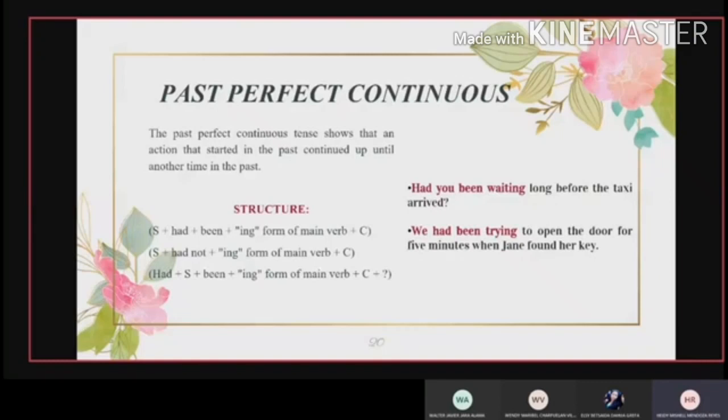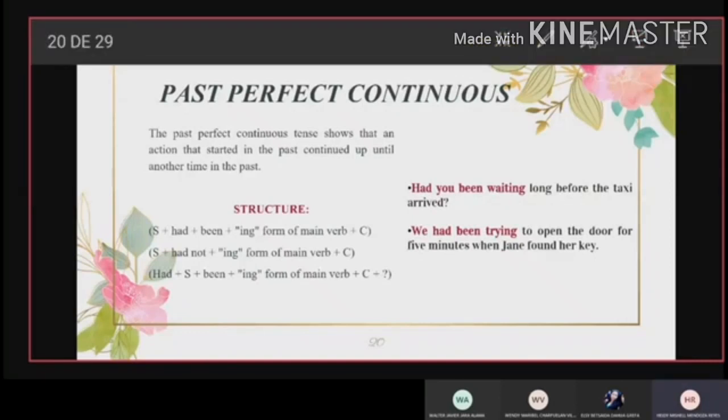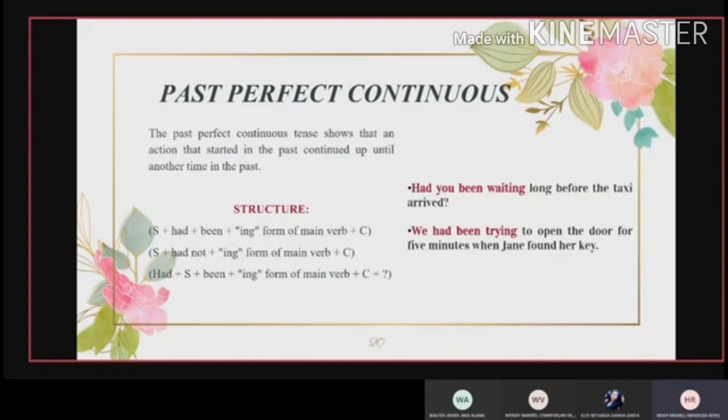In affirmative, subject plus had plus been plus verb ing plus complement. In negative, subject plus had not plus been plus verb ing plus complement. In question, had plus subject plus been plus verb ing plus complement plus question mark.